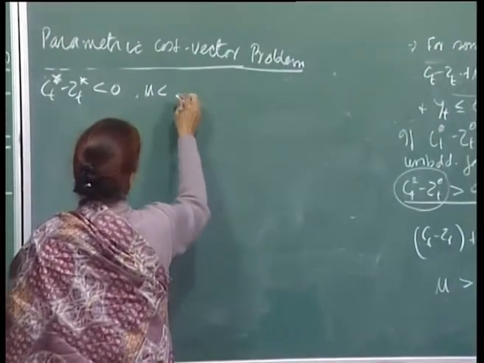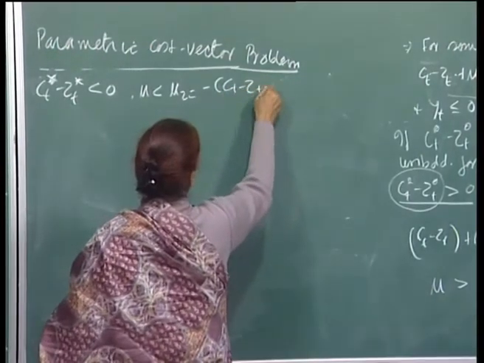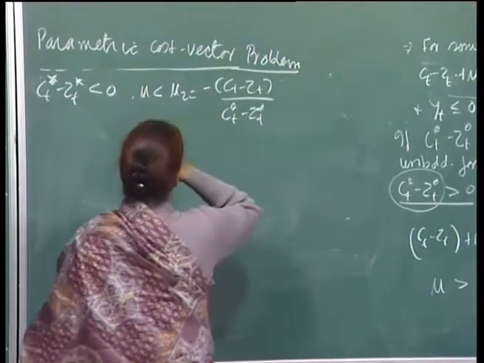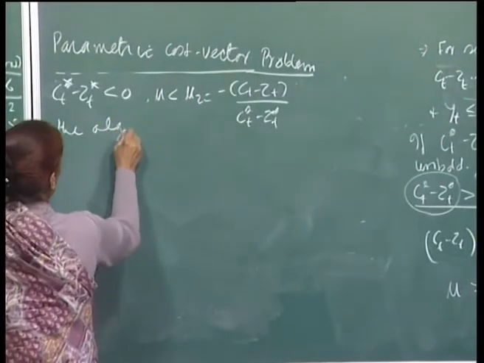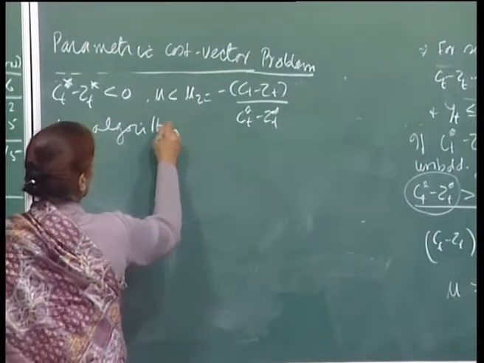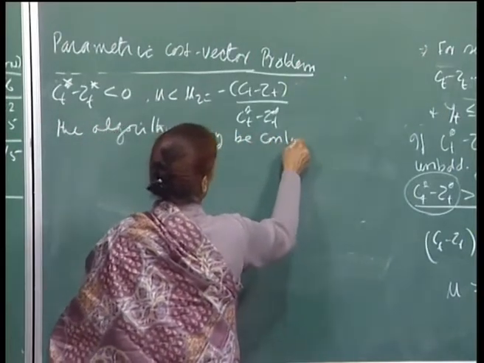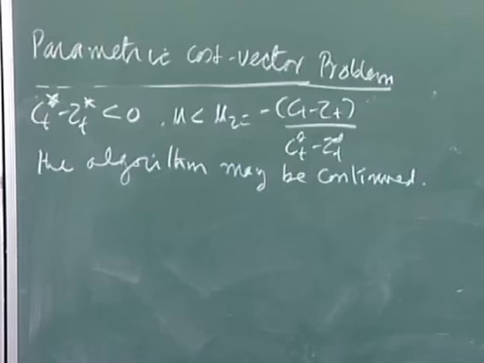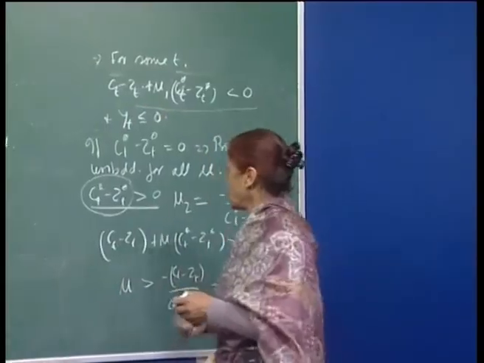Mu less than your mu2, which is minus of (Ct minus Zt) upon (Ct star minus Zt star), the algorithm may be continued. So you continue with the algorithm, and in any case all the stumbling blocks are over, you know how to handle each situation.